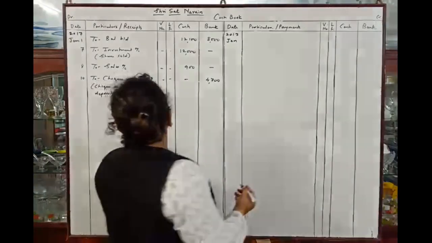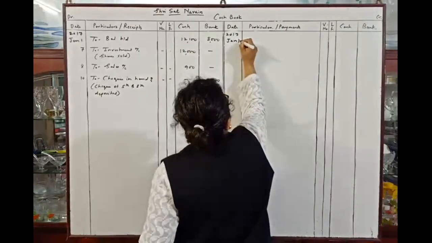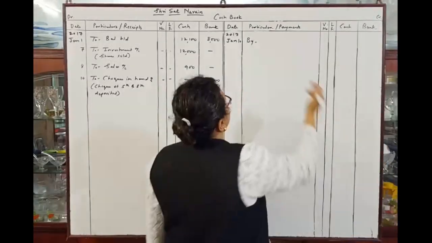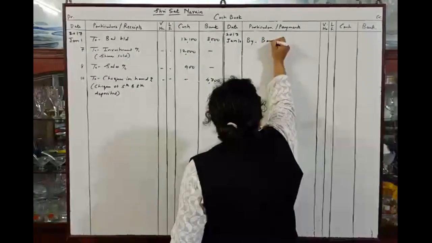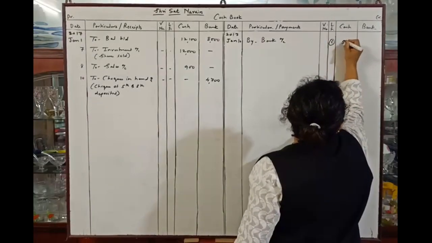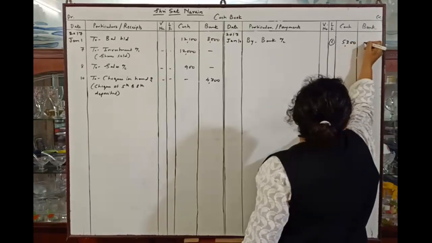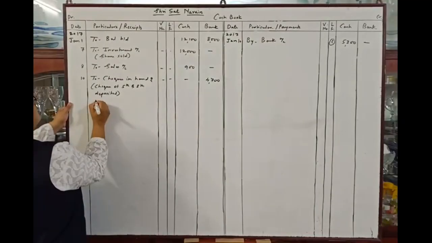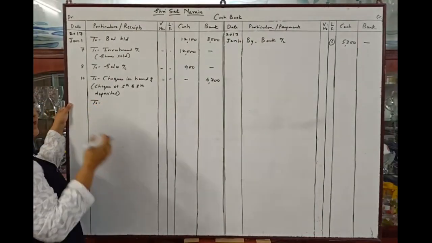Okay, so on this date, that is 10th January, we will remove cash from the cash box to deposit it into bank. So by bank account contra entry we will remove 5,300 from cash box and then we will deposit this amount on the same date into bank.